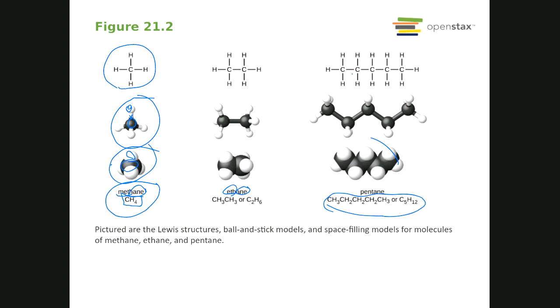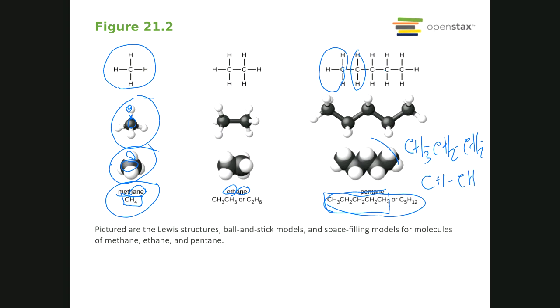Condensed formula doesn't show the bond between carbon-carbon or carbon-hydrogen. It says how many hydrogens are attached to the first carbon, how many to the second carbon. So this is the condensed one, CH3, CH2, CH2. It doesn't show the bond between carbon and hydrogen. And if it's 5 of them, another CH2, and then CH3.